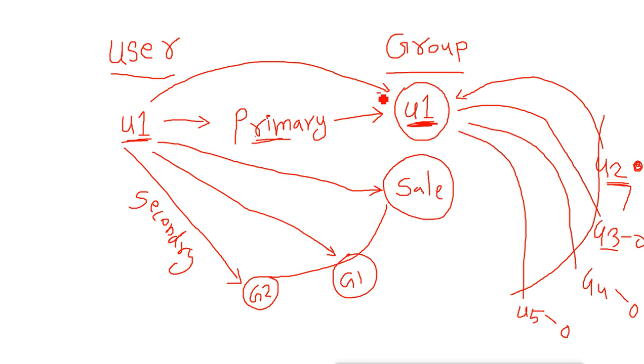Now what I want to say here, and what you have to remember, is that this user or any user cannot reside without a primary group. No matter how many secondary groups it has, it needs one primary group. Without a primary group, it cannot reside in our system. But a group does not require any primary member.